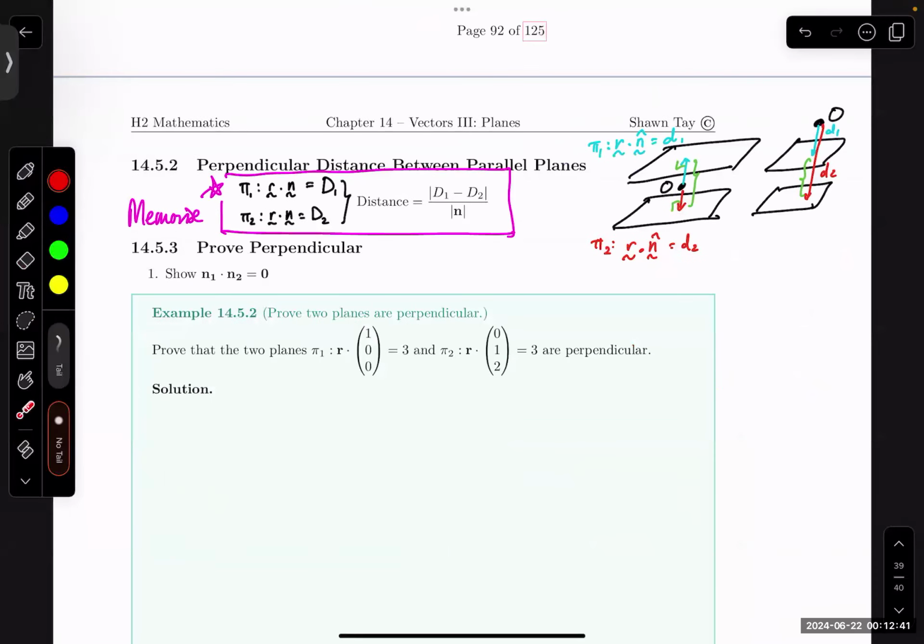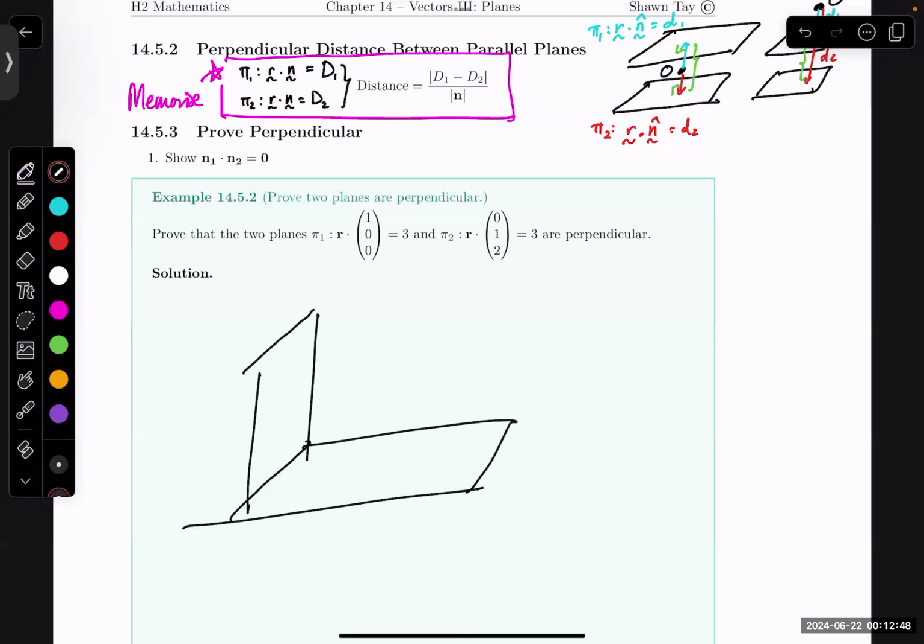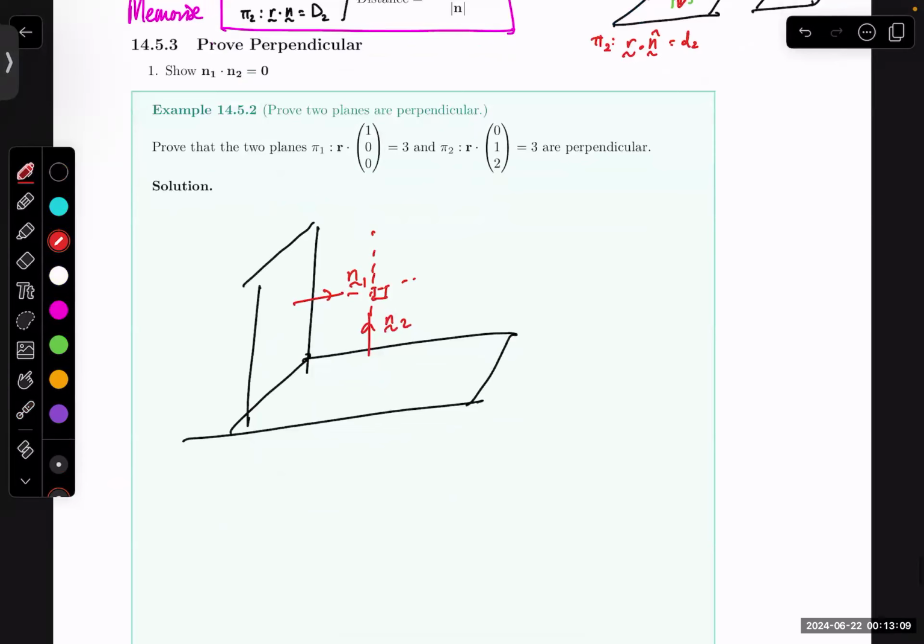Now, if you want to prove that two planes are perpendicular, you draw something like this. It's like you open a book, or think of it as a floor and a wall. So the normal vectors must be perpendicular. How to show that?